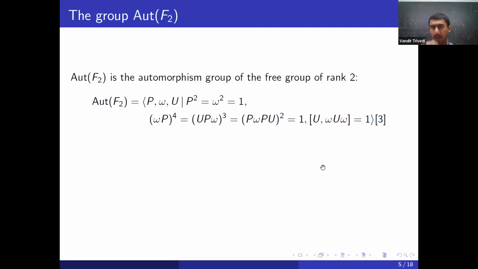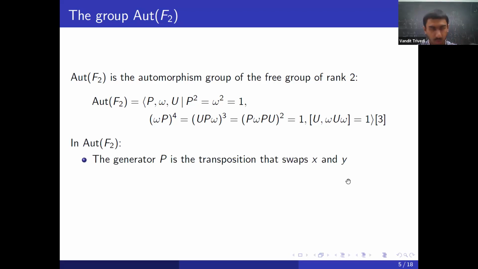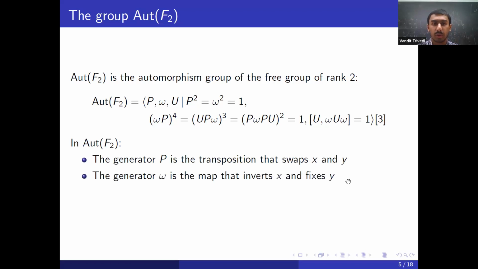Aut F2 has, so this is a presentation that I've taken from Magnus, Karrass, and Solitar, from the first text from 1966. And again, let's look at what these generators are. P is a permutation, or transposition. Since we've got two generators, it's the transposition that swaps X and Y. Omega inverts one of the generators, let's say X, and fixes the other.